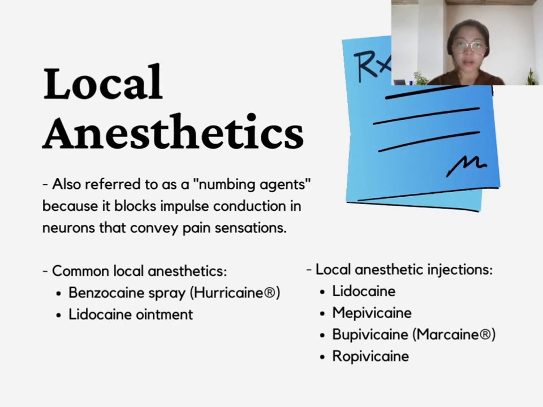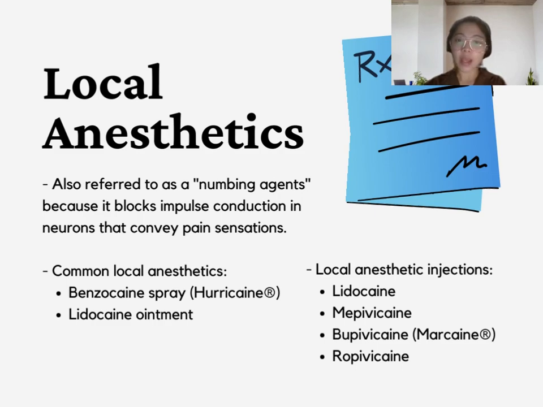Local anesthetics, on the other hand, are drugs that stop the impulses from traveling through the nerves that transmit pain signals. They are also referred to as the numbing agents. Local anesthetics can be injected or sprayed in a small area to numb a specific location, or they can be administered adjacent to important nerves to numb a full limb.